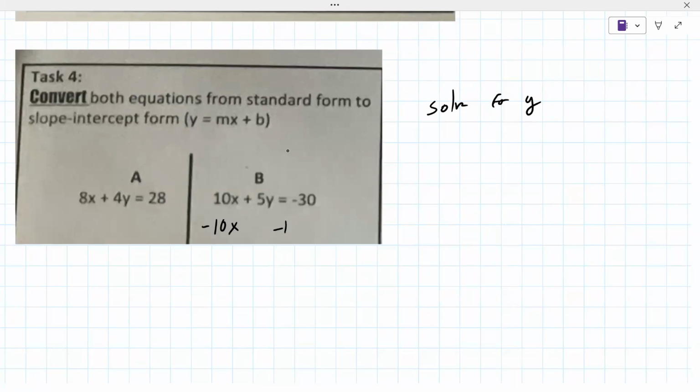When you subtract 10x from both sides, you always want to put that in front of the number. That's always better because that's the mx plus b form. Then you divide everything by 5, all 3 terms.